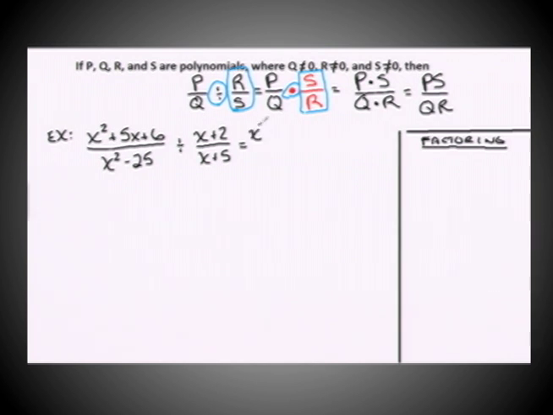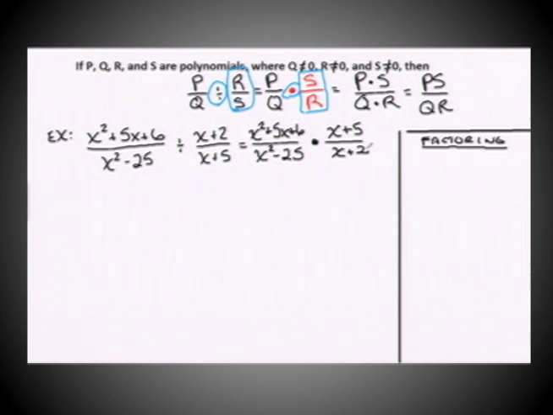So x squared plus 5x plus 6, that first rational expression stays the same. It is the divisor that you need to take the reciprocal of. We change to multiplication and flip that second rational expression, x plus 5 now over x plus 2.